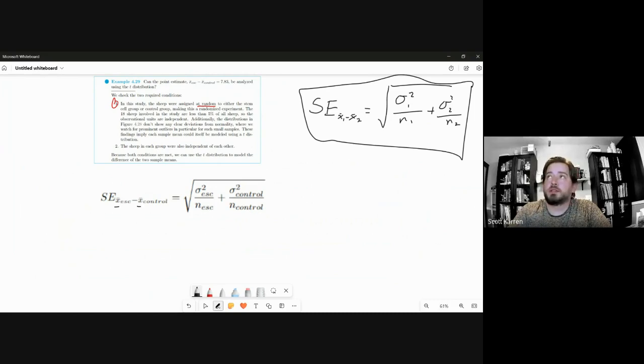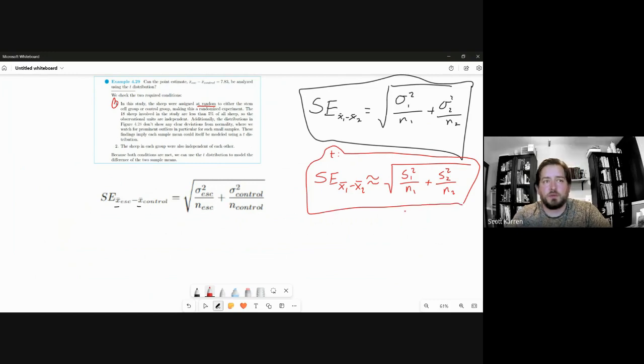So because we're using a t-test, the standard error of x bar 1 minus x bar 2 is approximately the same as the square root of the standard deviation of sample 1 squared divided by n1, plus the standard deviation of sample 2 squared over n2. And so this is the one that we're going to be using.